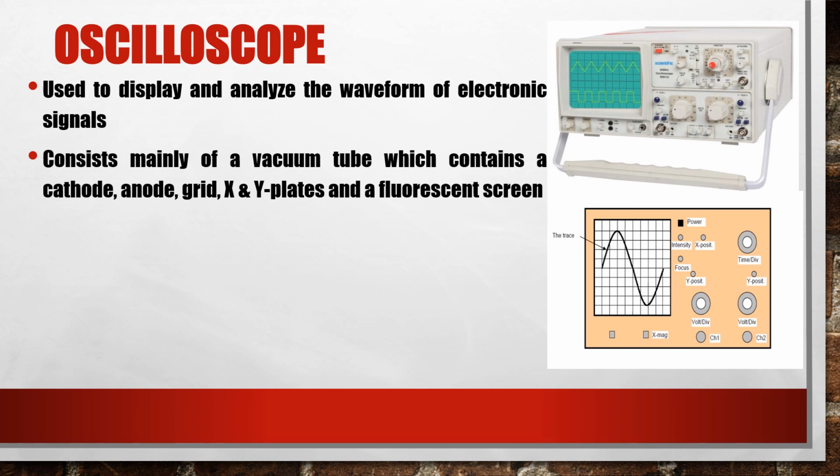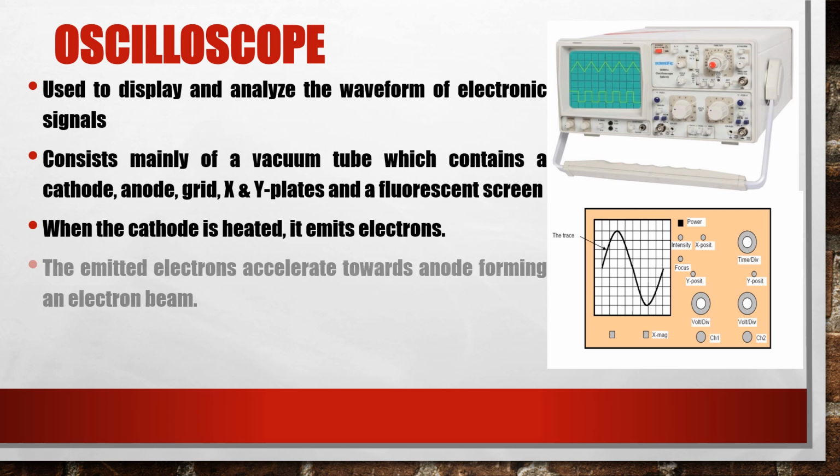When the cathode is heated by applying a small potential difference across its terminals, it emits electrons. Due to potential difference between the cathode and the anode, these emitted electrons accelerate towards the anode, forming an electron beam which falls on the screen.